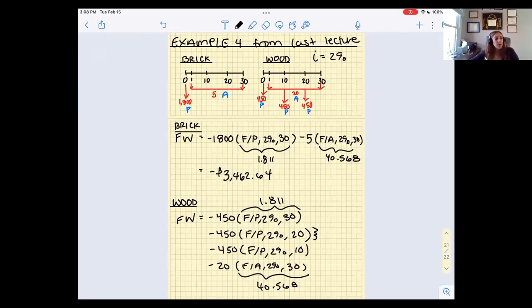Jamar, you cannot add the 450s together because they're happening at different times, right? They're not all happening at once. Because of the time value of money, because of the interest rate, you can't just say 450 times 3, because they're each happening at different years.